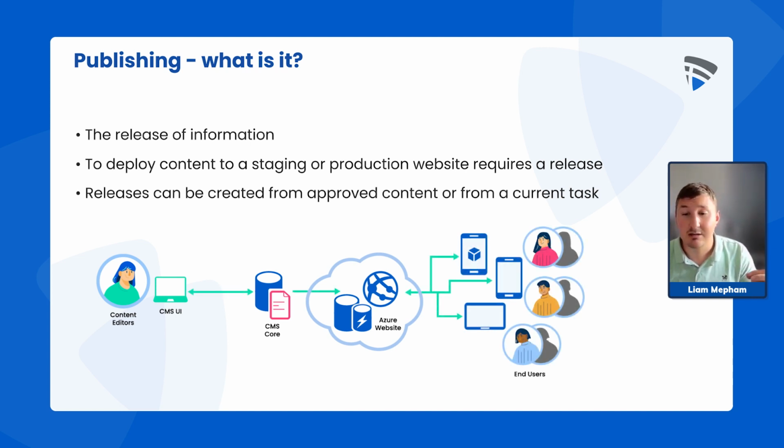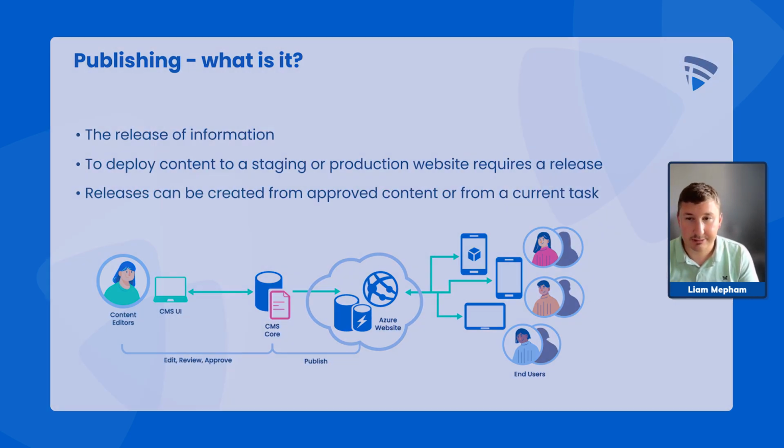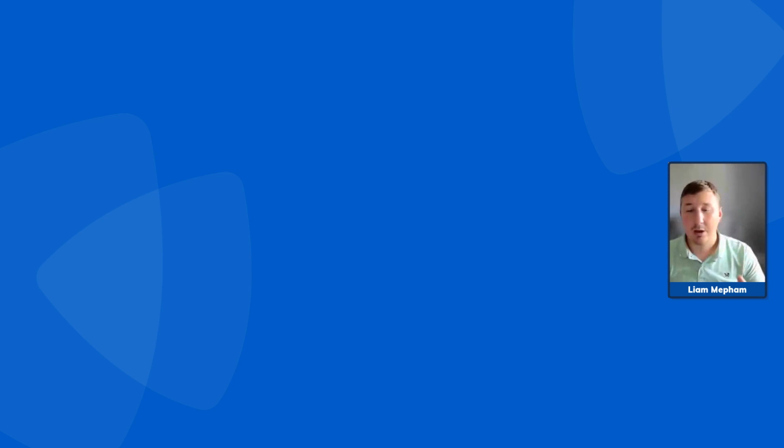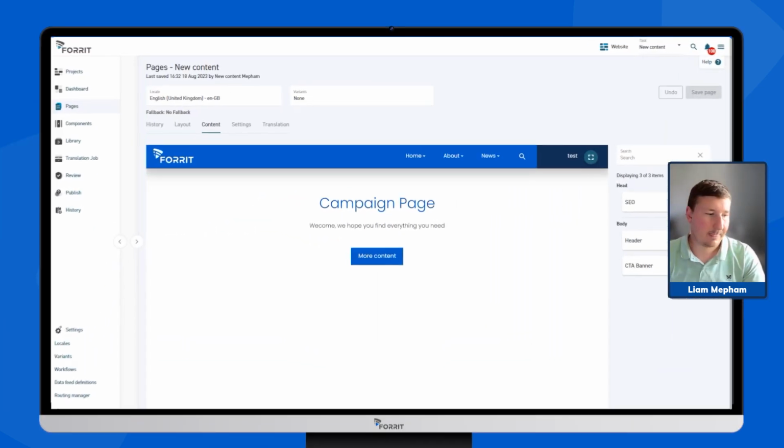It's got to be compliant with in-market requirements, reviewing it with the sales team that the information isn't being released too early or leaked, and finally getting that approval for publishing from multiple very busy stakeholders, all for it just to be reviewed again on the staging environment. All this can result in a very long, time-consuming process. So let me show you how we solve that in Forrit.